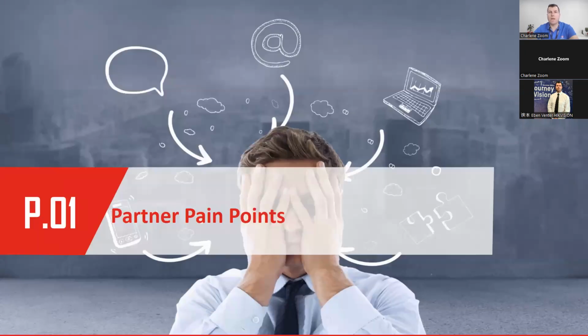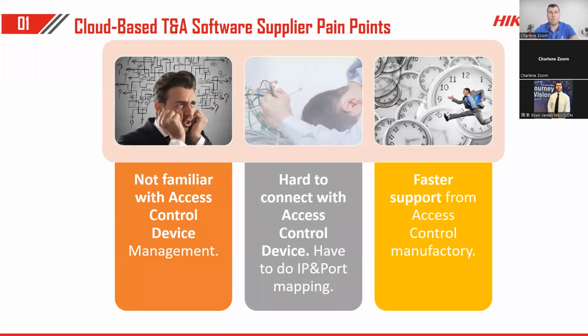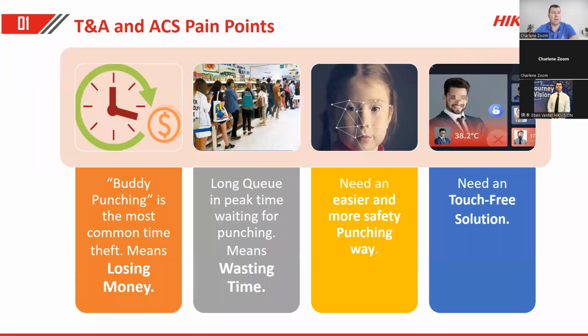Time and attendance is frustrating for any HR person. Software is sometimes a bit of a pain, having it on the cloud. It's normally a very complicated system. You have to map all the IP addresses of all the devices and link everything up, and you need faster turnarounds to give you the different protocols of staff: what time they arrive, what time they leave, what time they go on lunch, etc. And then we have problems like buddy punching.